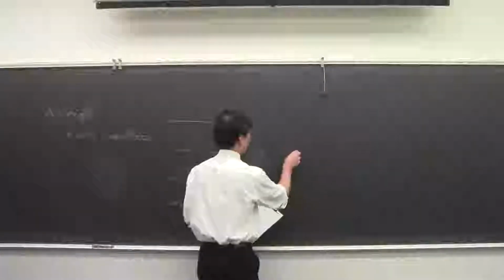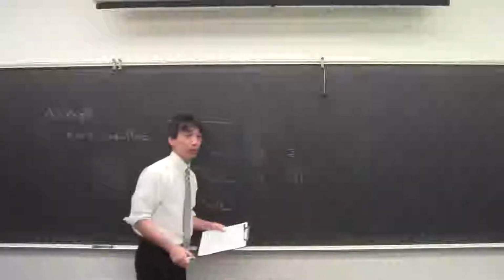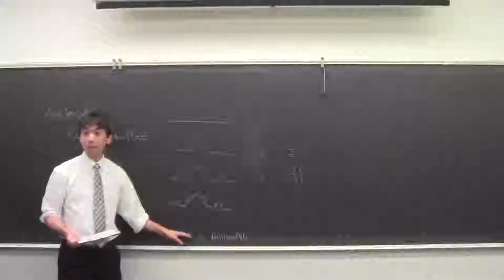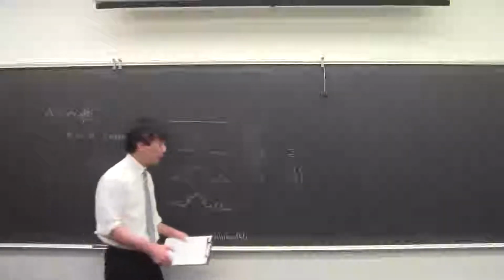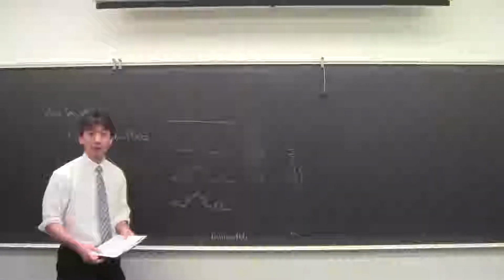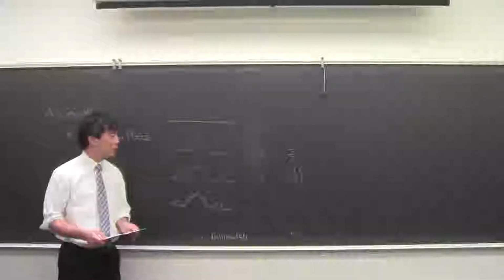So this length is 4 thirds, this length is 4 thirds squared, and so on. So as time goes on, you get something that should be called having infinite length, because 4 thirds times itself infinitely many times tends towards infinity.